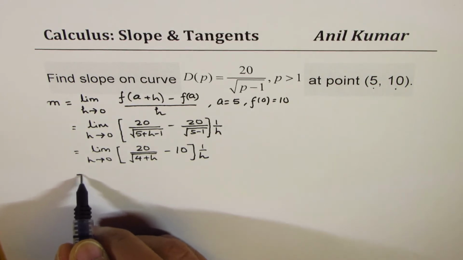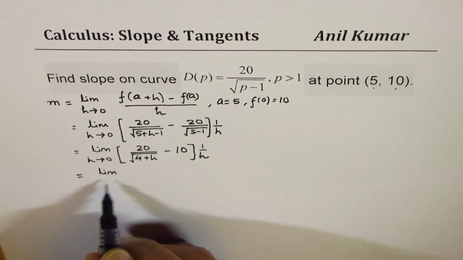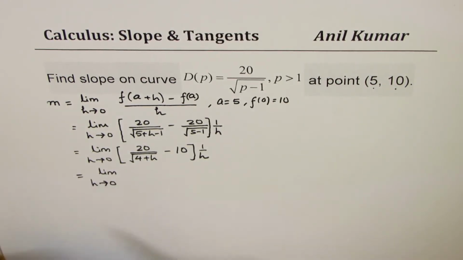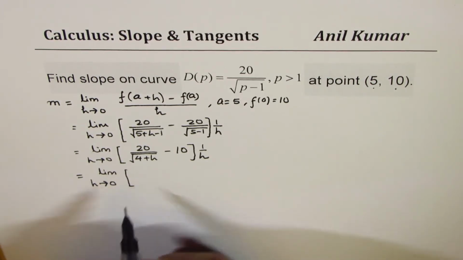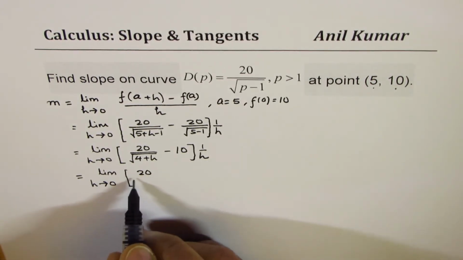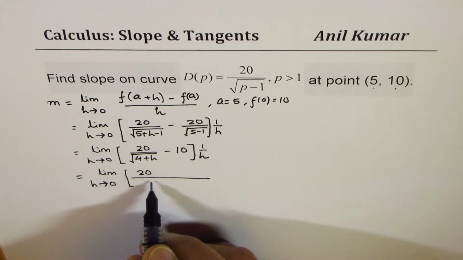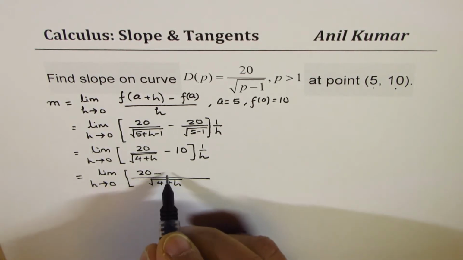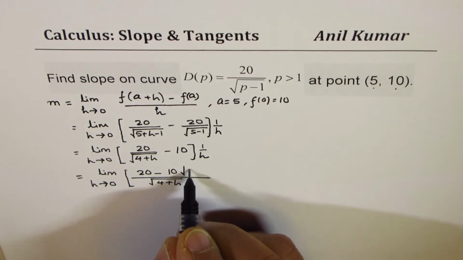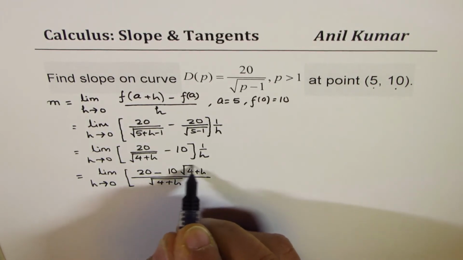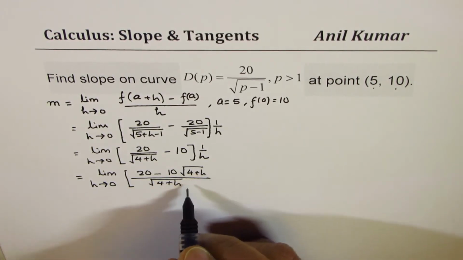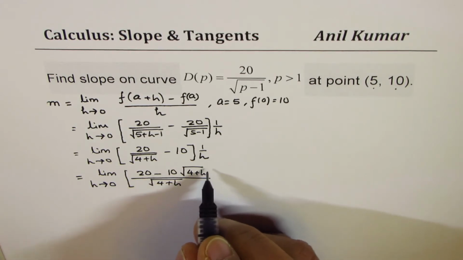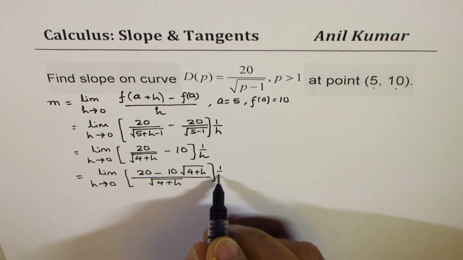So we have the limit as h approaches 0 of 20, and we take the common denominator of the square root of 4 plus h, minus 10 times the square root of 4 plus h, right? We can bring this down.